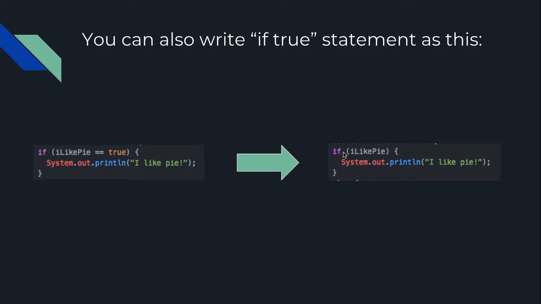So what we do is we just write our variable name, if iLikePy. So in this case, if iLikePy is true, then I would print this out. And if iLikePy is set to false, then obviously it's not going to get into this if statement, so it'll just skip that over. So you don't have to put the equals true to denote that it is true. And a lot of programmers actually omit that part out so that it doesn't have repetitive coding in there.